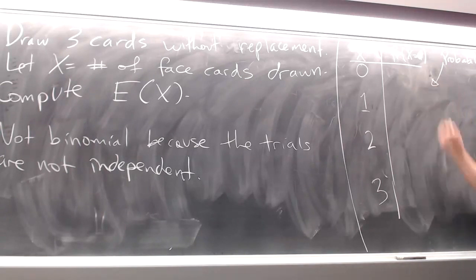So if I pick 3 cards, oh, by the way, the number of face cards in a deck, right, is 12 because there's Jack, Queen, King, 4 suits, so 3 times 4. So you got 40 non-face cards. So what's the probability I get 0 face cards?